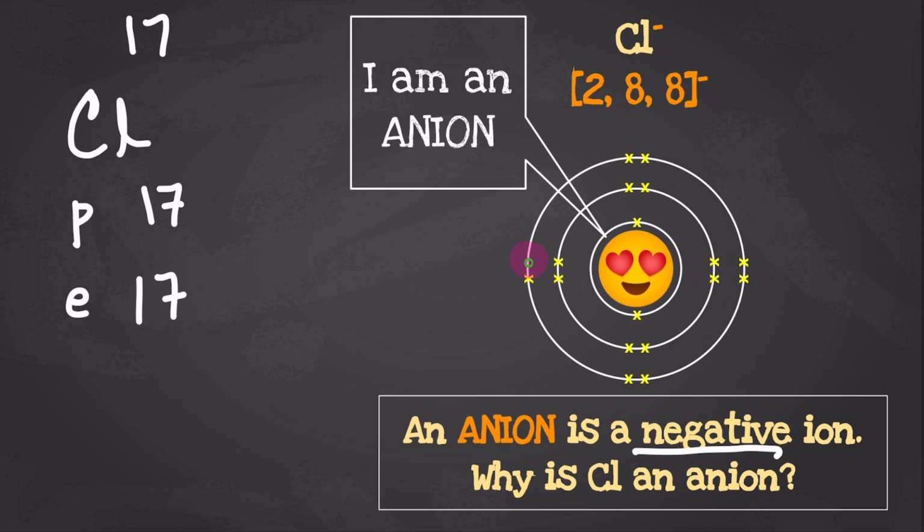It took one electron from sodium. So now it has 18 electrons. The number of electrons is greater than the number of protons. And since electrons have a negative charge, chlorine is now a negative ion called an anion.